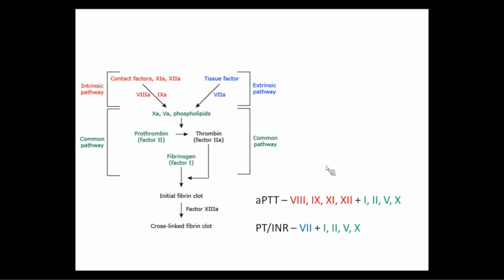The cascade ends in a common final pathway, which is a requirement for clotting, the endpoint for both the PTT and PT-INR. And that's factors 1, 2, 5, and 10. So 1 being fibrinogen, 2 being thrombin, as well as 5 and 10.